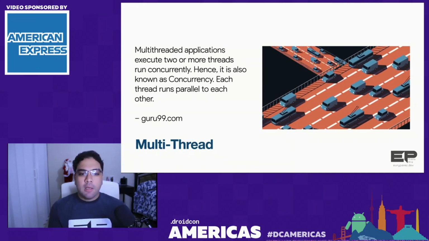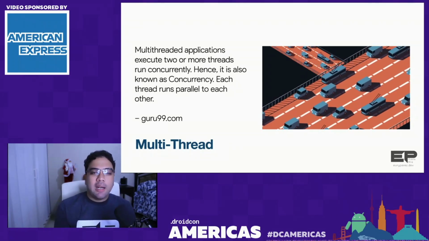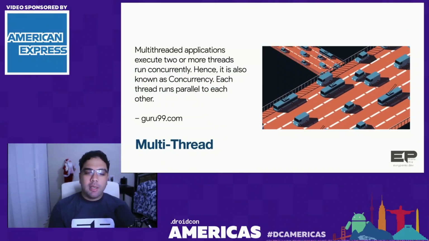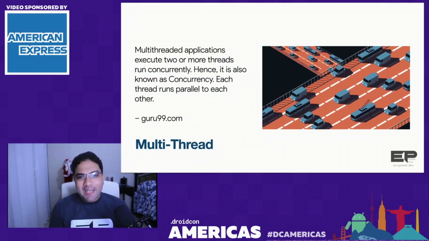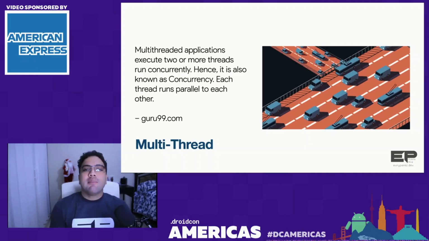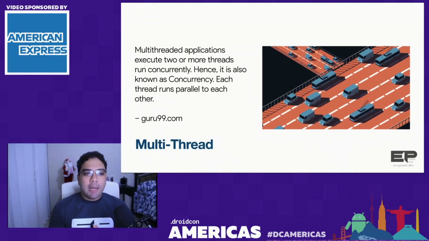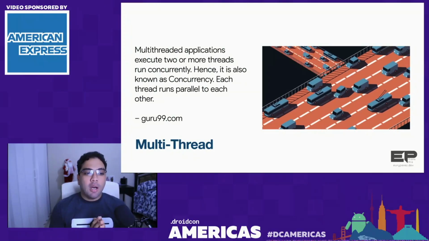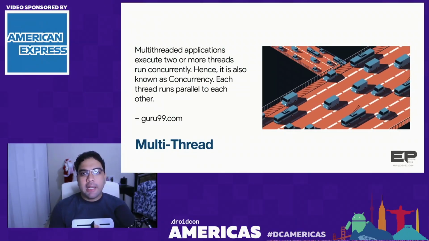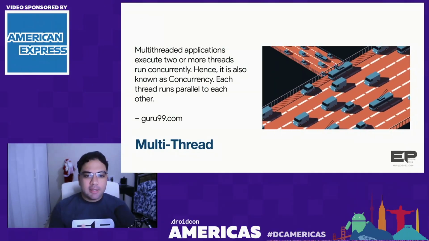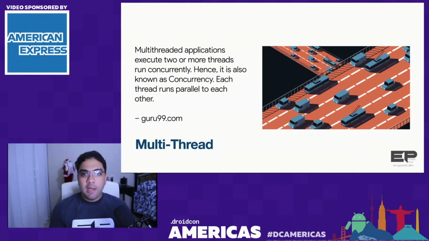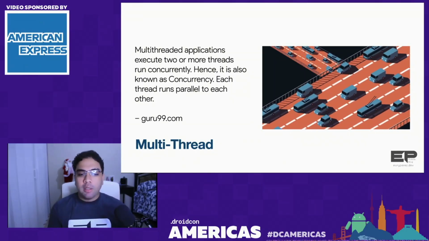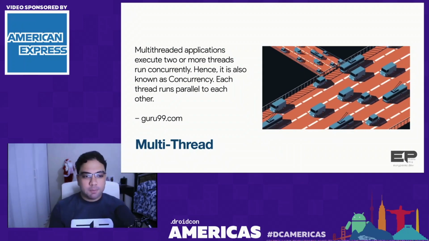Since threads are small sets of instructions, we have had multi-threaded applications for a while now. What does multi-thread mean? Multi-threaded applications execute two or more threads concurrently, like in parallel. In the animation on the screen we have multiple lanes, each one having multiple cars.